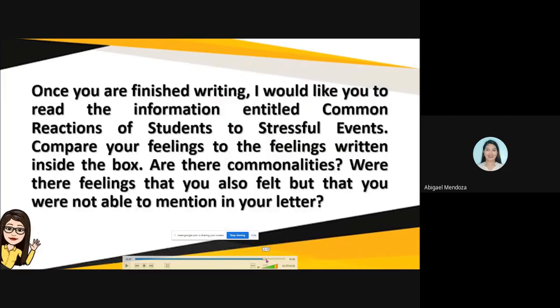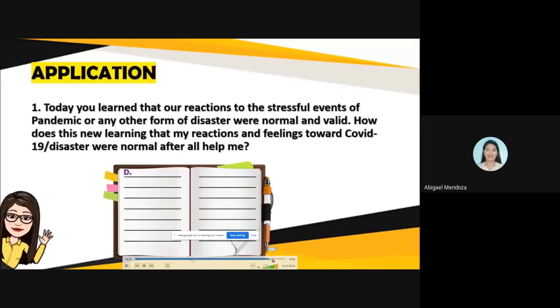Tapos, kapag natapos mo na yung pagsusulat mo ng letter, you're going to read all together yung mga nakalagay dun sa unahan, yung mahahaba, yung mga dapat nyong naramdaman. So, i-check nyo kung lahat man na naramdaman nyo is parehas dun sa mga nakalista na nakalagay dun sa module, kung the same ba. At kung meron ka pang na-mention na hindi doon nakalista.